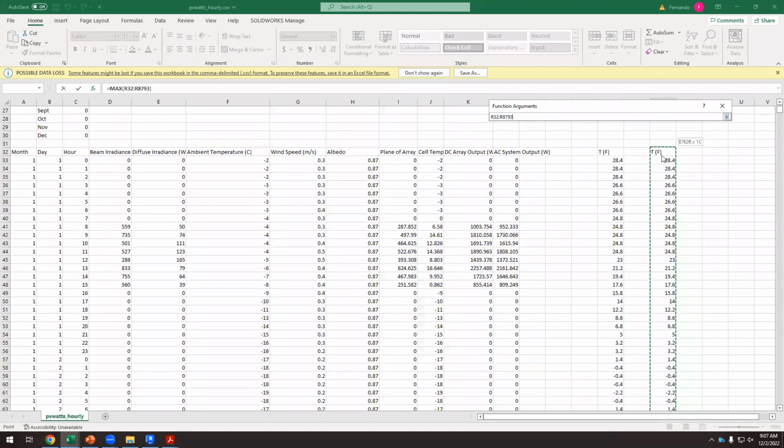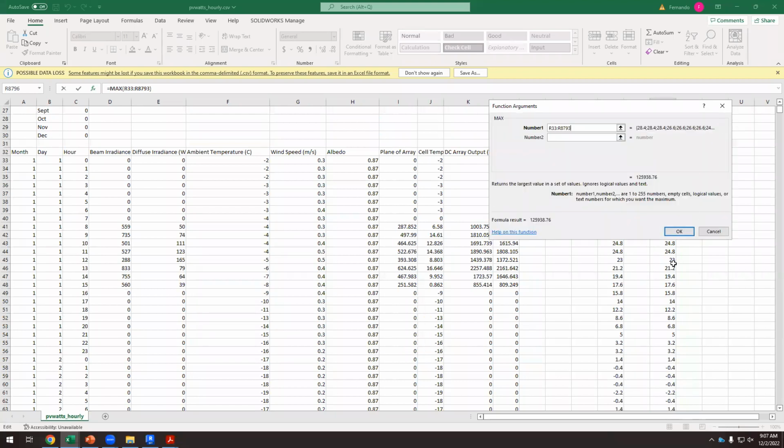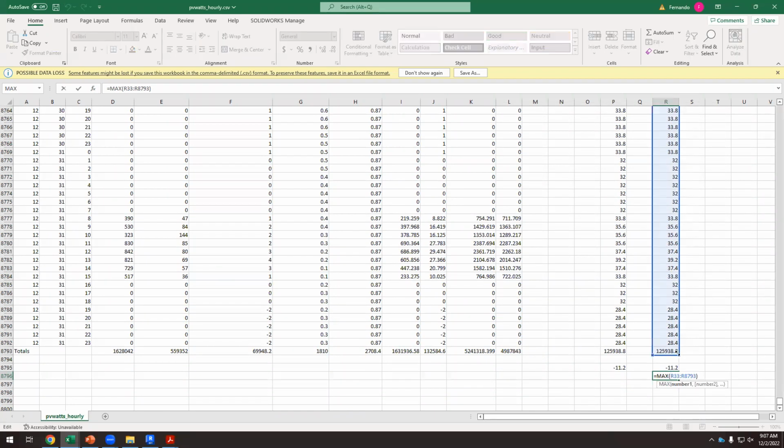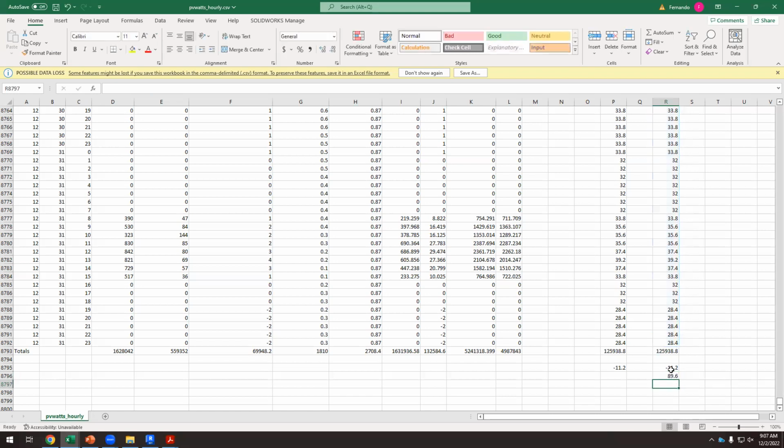We go. So I have all these numbers, and the maximum number is, oh, I select this, the total that I have to. Yeah, there you go.